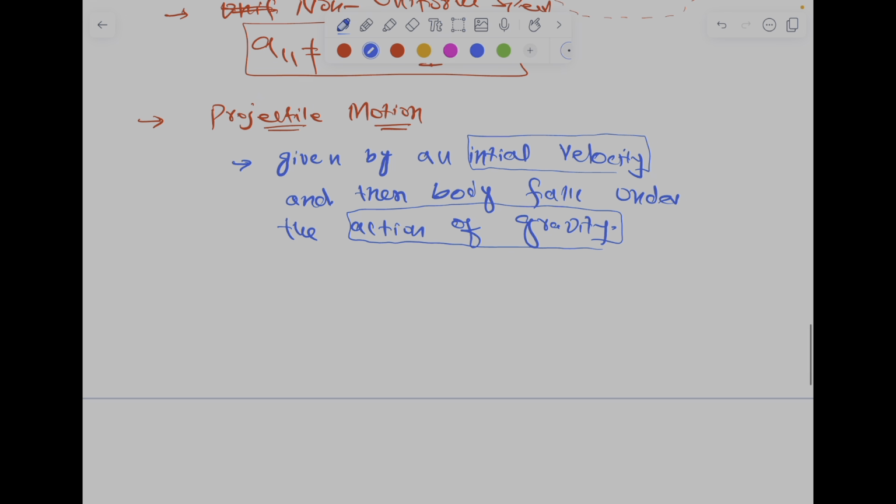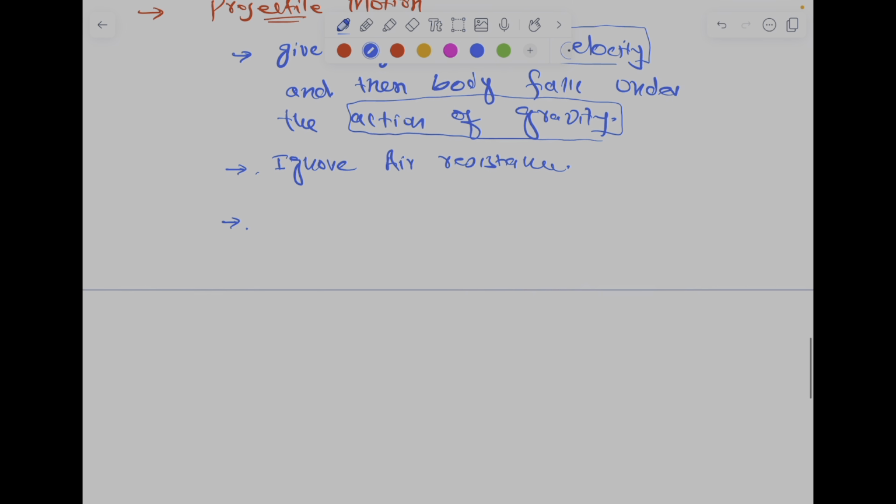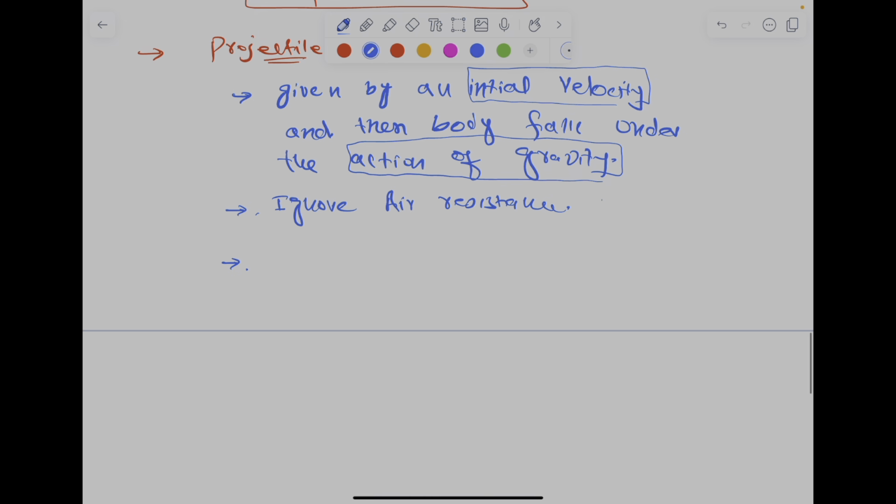Okay, in that ideal case we ignore air resistance. The path followed by this projectile is known as its trajectory. So it will look like this. It's a two-dimensional motion, happening in the XY plane.